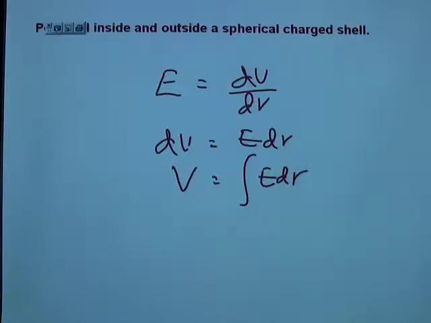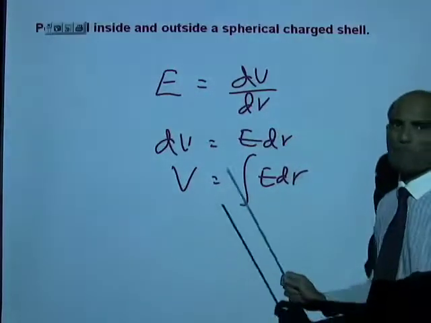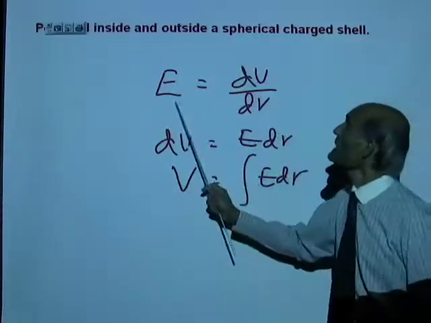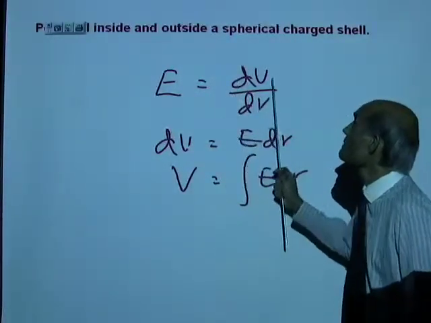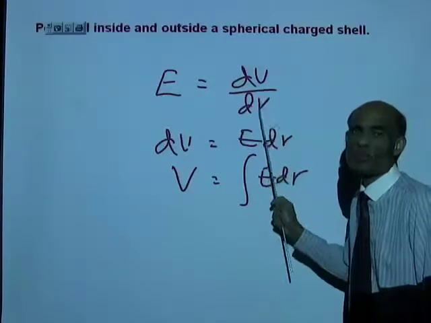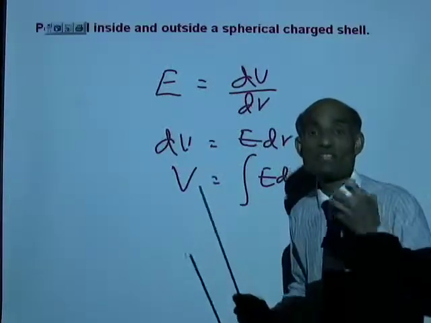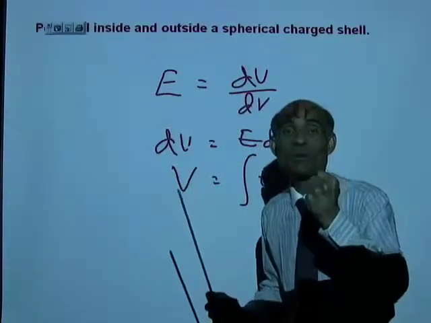Alright, if you know the meaning of this, now tell me. E is the derivative of V with respect to r, dV by dr. And E, the electric field inside the charged shell, is 0.